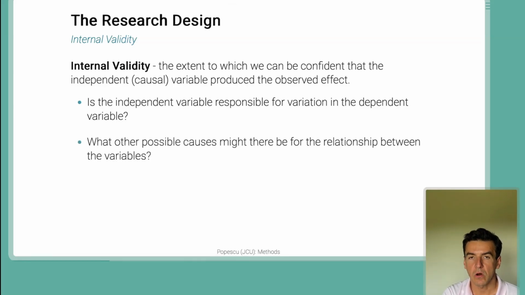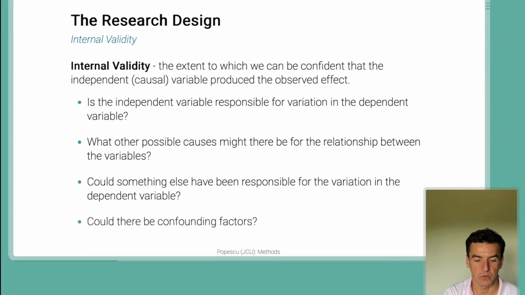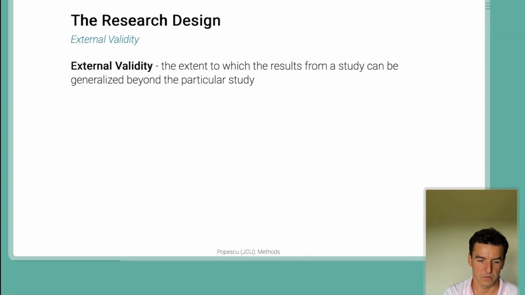What could be other causes that might be producing variation in the dependent variable? And then could something else have been responsible for the variation in the dependent variable? So these are essentially questions about other potential variables that could be confounding the relationship between the independent variable and the dependent variable. So this is exactly the point of the fourth question there. Could there be confounding factors?